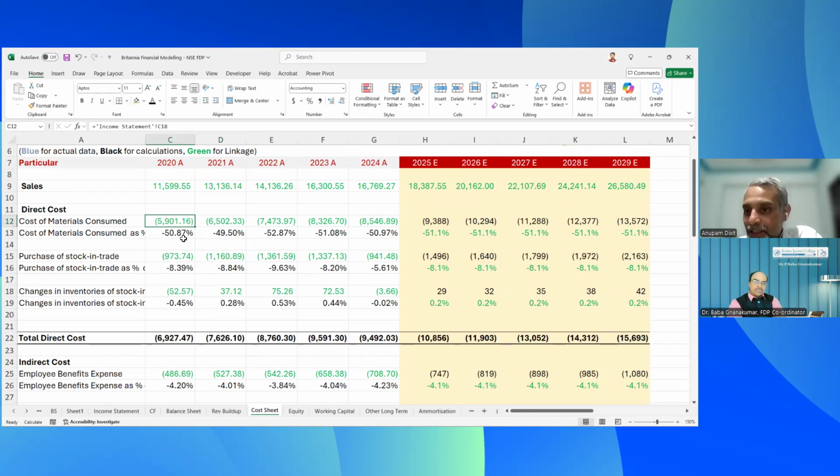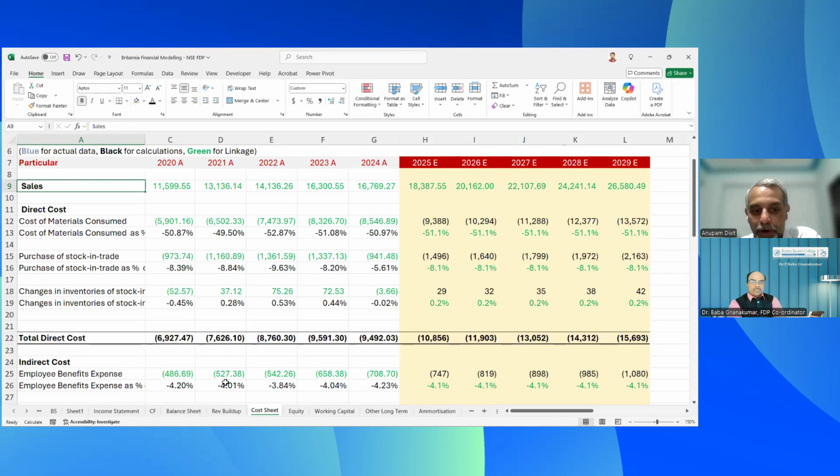Now, in case of cost, we don't use the growth rate matrix. Here, we are taking every cost as a percentage of sales. So our matrix here is cost as a percentage of sales. For doing that, the first thing we have done is introduce a line item here, which is the sales line item.